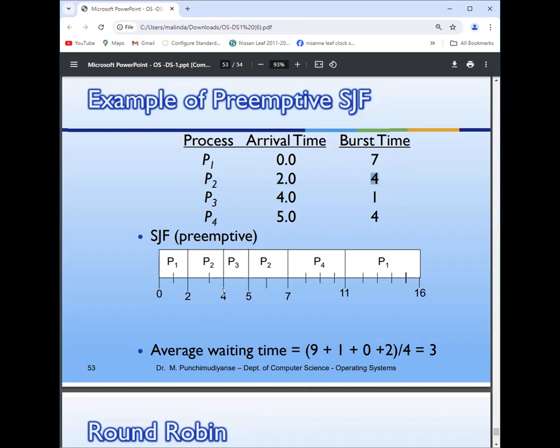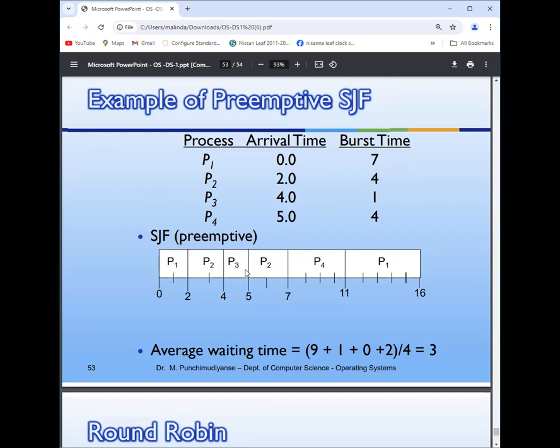Now 2 have gone, 2 remaining for P2, P1 remaining 5. P3 has burst time of 1. So out of these 3, P3 is the shortest one. So we take P2 out of running and allow P3 to run, from the 4 millisecond to 5 millisecond.